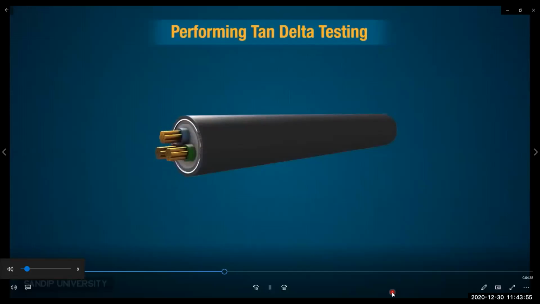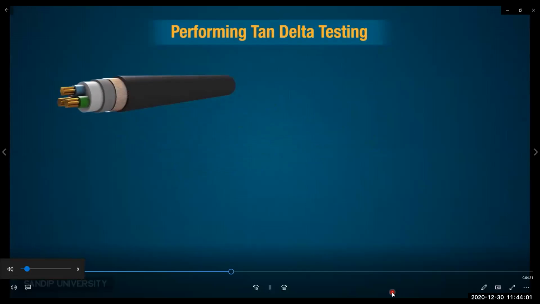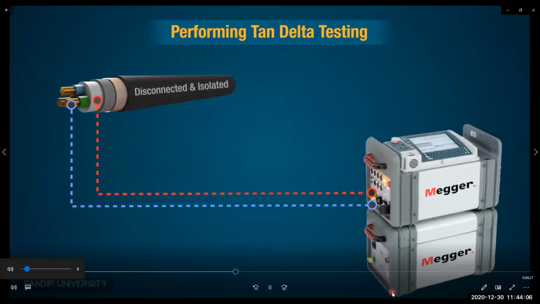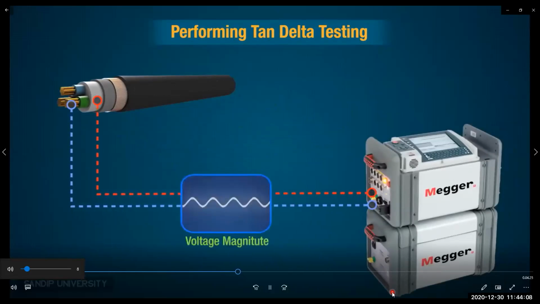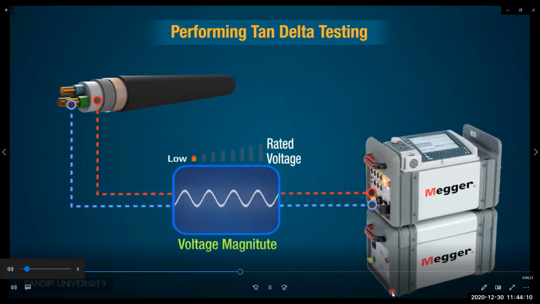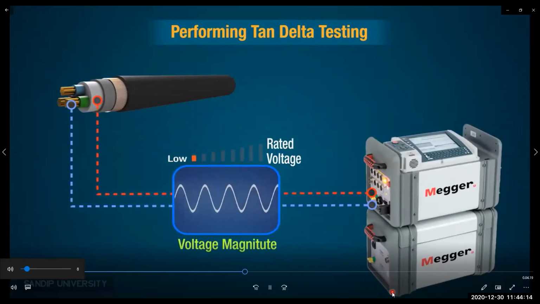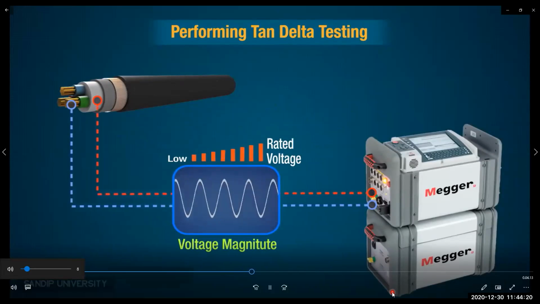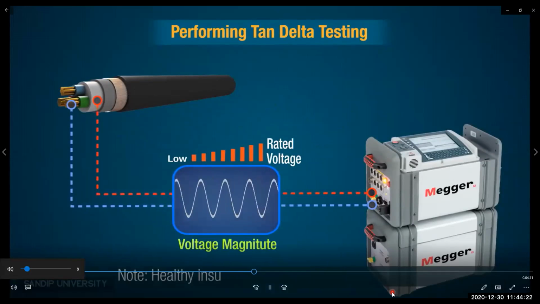To perform tan delta testing, we apply a high test voltage to the cable. Based on that, we measure the properties of the dielectric materials. Based on voltage magnitude, we can say the properties of the cable.